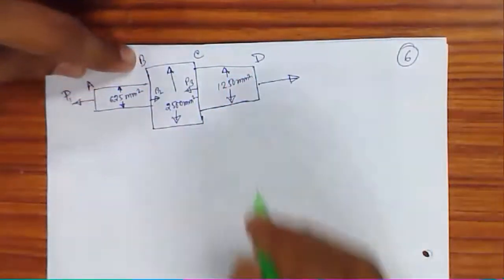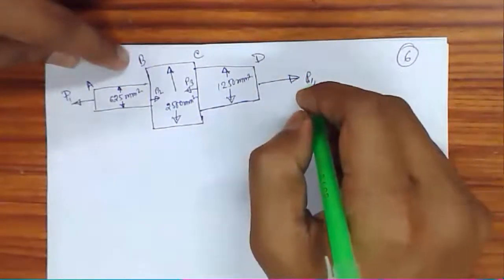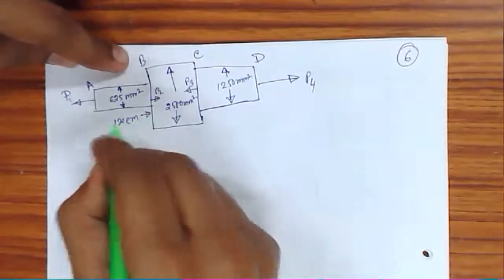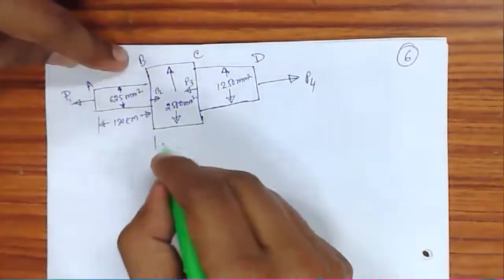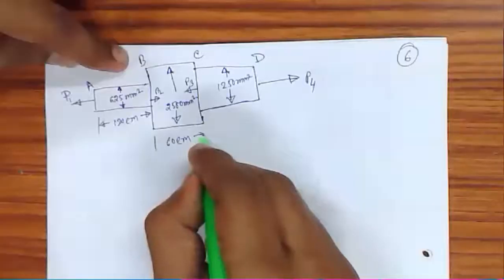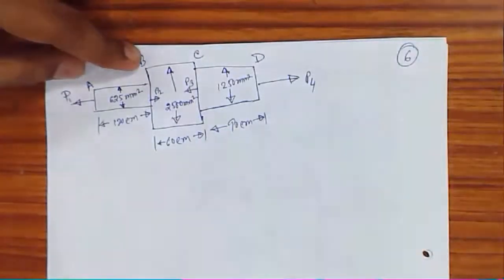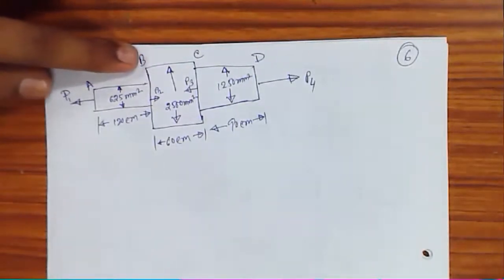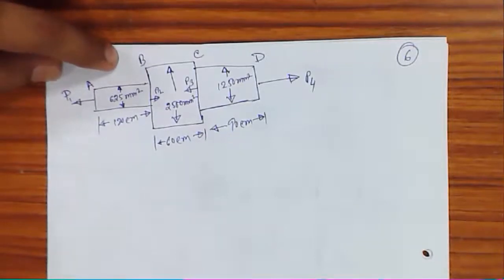Okay, so look at this problem here. This is 120 centimeter. This is 90 centimeter. The total member is ABCD, which is subjected to these different loads at different sections as shown: P1, P2, P3 and P4.